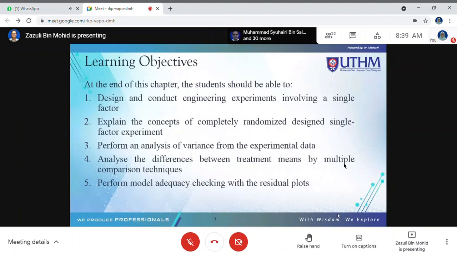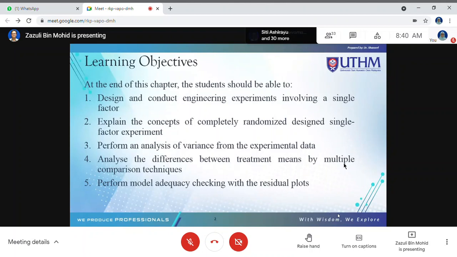And after we conduct the experiment, we also need to know how to perform the analysis of variance. We have to analyze it from the experiment data, and then we are required to be able to analyze the differences between treatment means by multiple comparison technique.